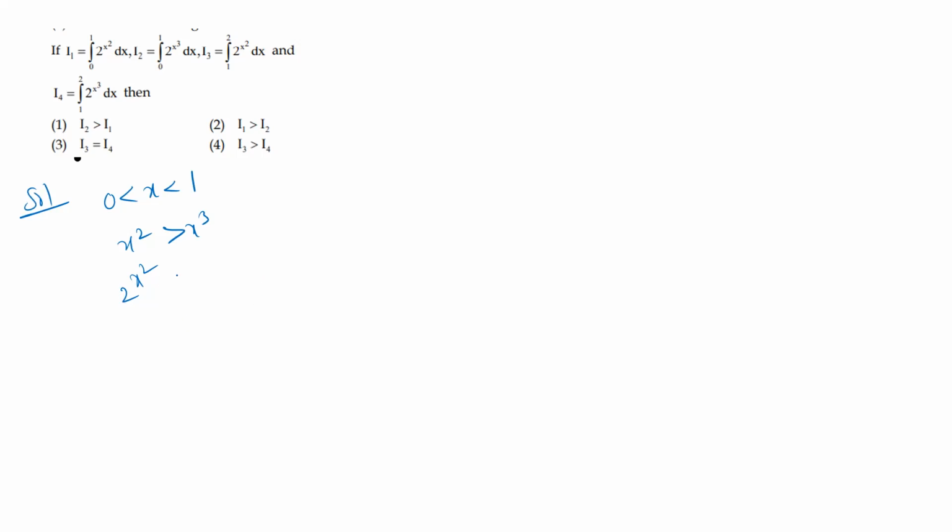The 0 to 1 is a rational number, so that's why now I am taking integral limits. Integral 0 to 1, 2 power x square is greater than integral 0 to 1, 2 power x cube. This is nothing but I1 is greater than I2.